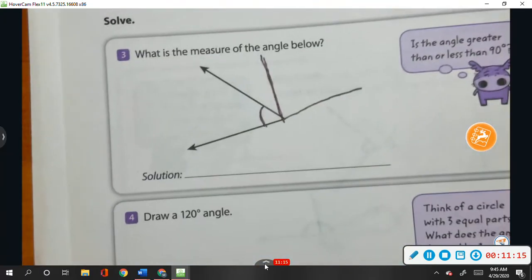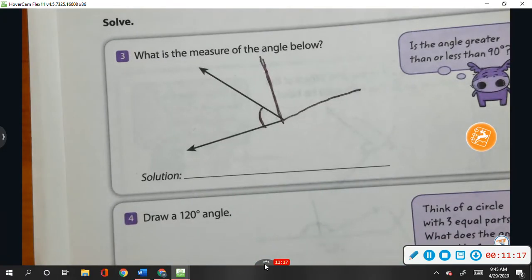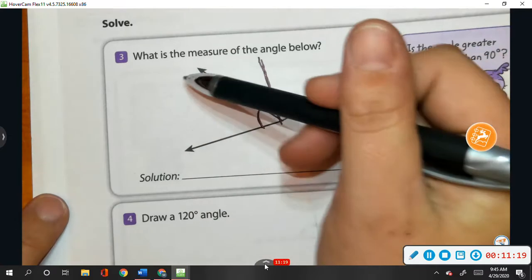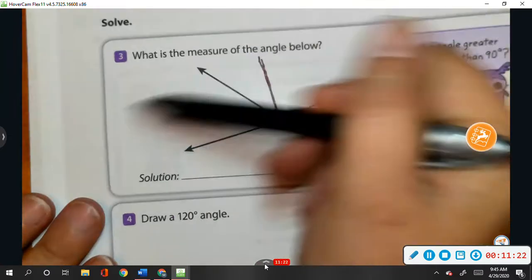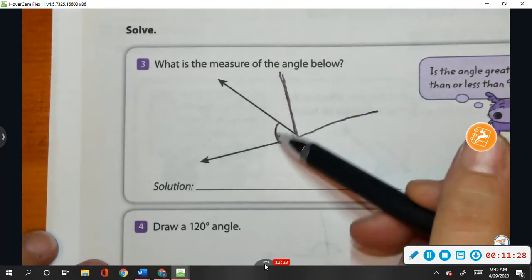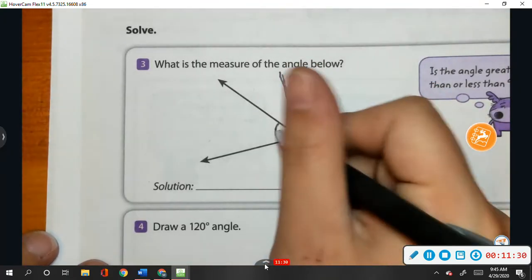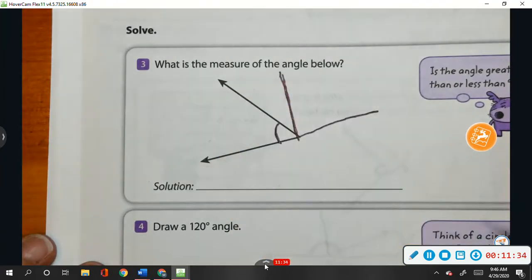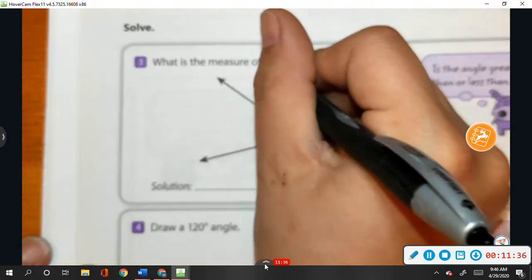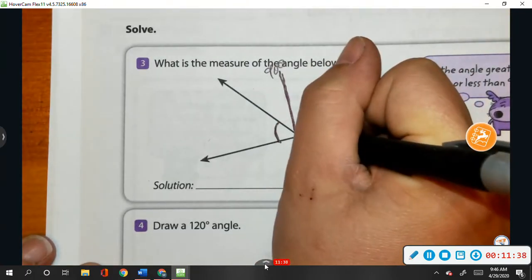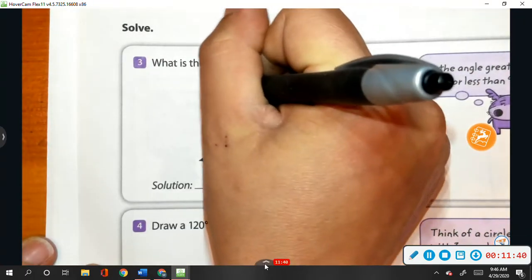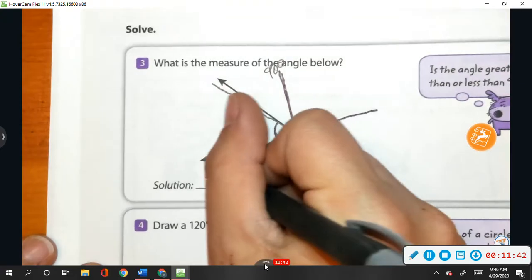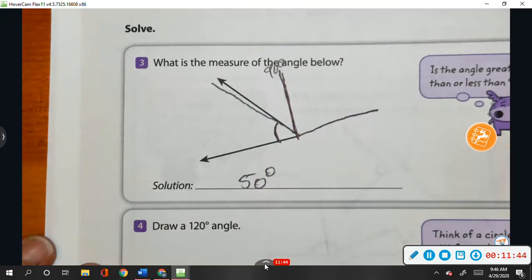So if I were reading this on the protractor, I would be on this side of the protractor, but I'd be reading the smaller numbers because this angle is obviously less than 90 degrees. So I'm going to say it looks like it's a little bit more than halfway. So half of 90 degrees would be 45 degrees, which would look about right there. So I'm going to say that this is probably about a 50 degree angle.